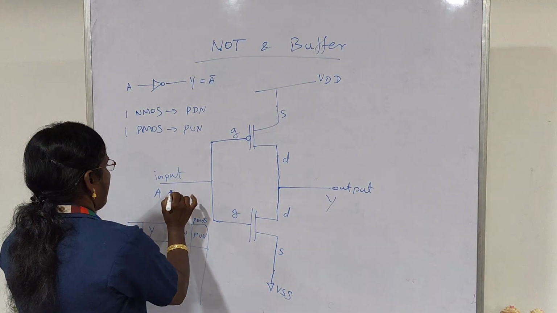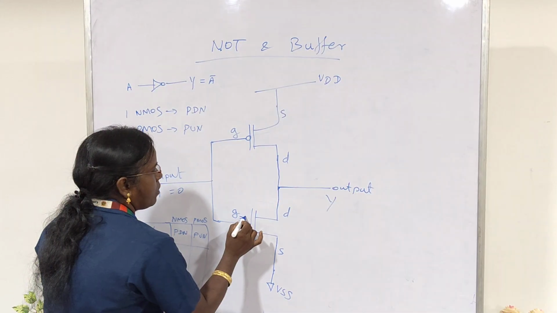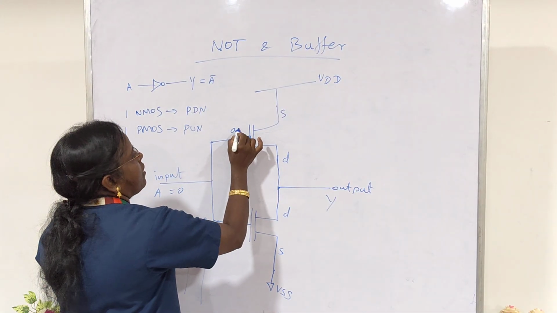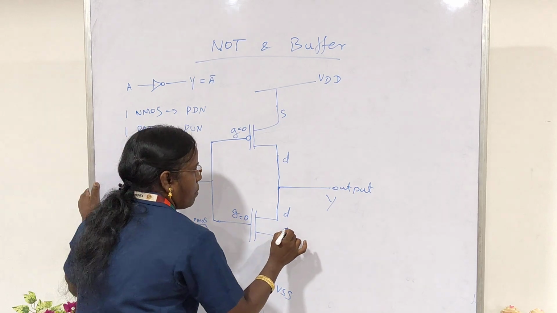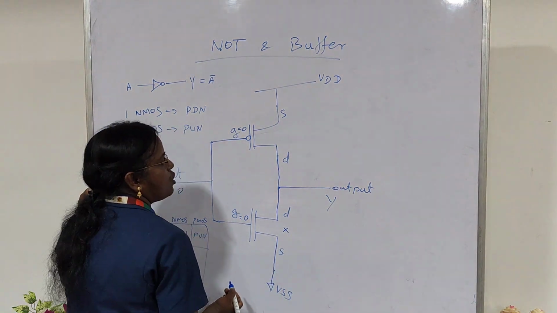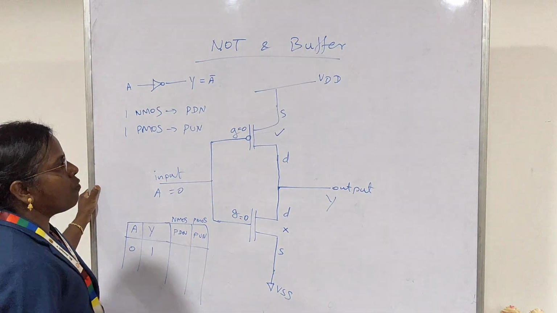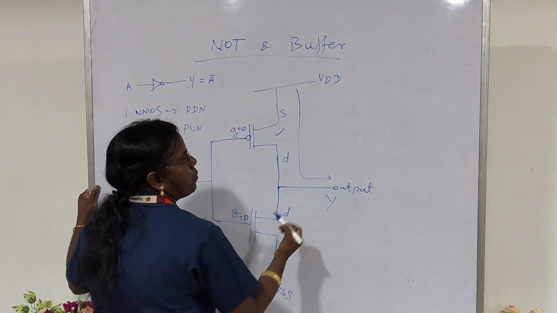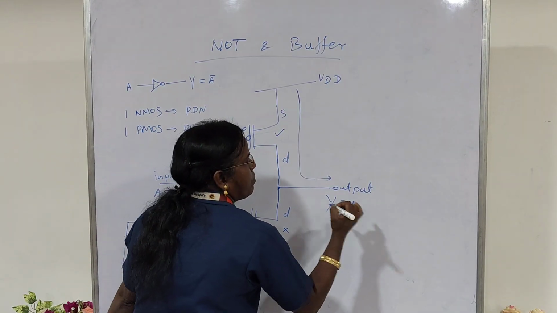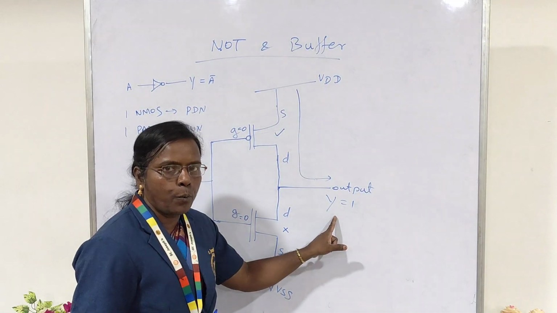Look at this. When I am applying A as 0, the gate input of NMOS is 0, and the gate input of PMOS is 0. So for this input logic, my NMOS will be switched off and PMOS will be switched on. When the PMOS is switched on, VDD is transferred to the output, so output Y becomes 1. When A is 0, output Y becomes 1.